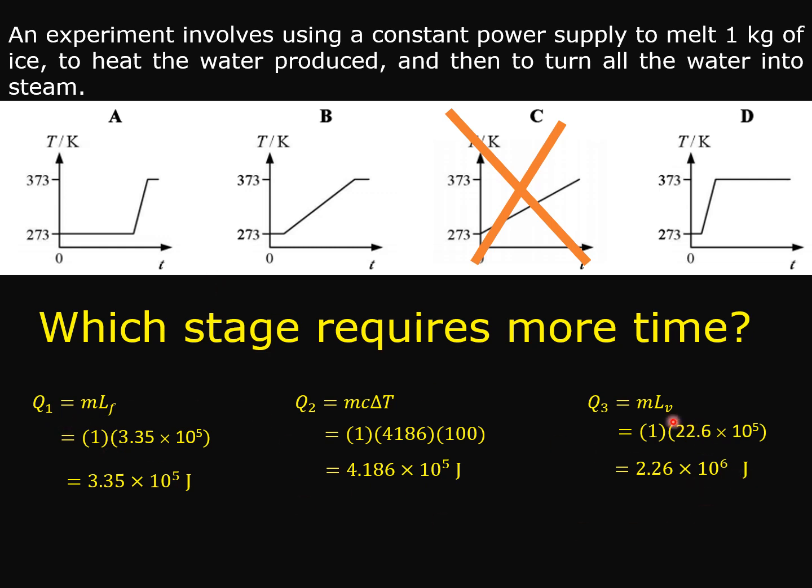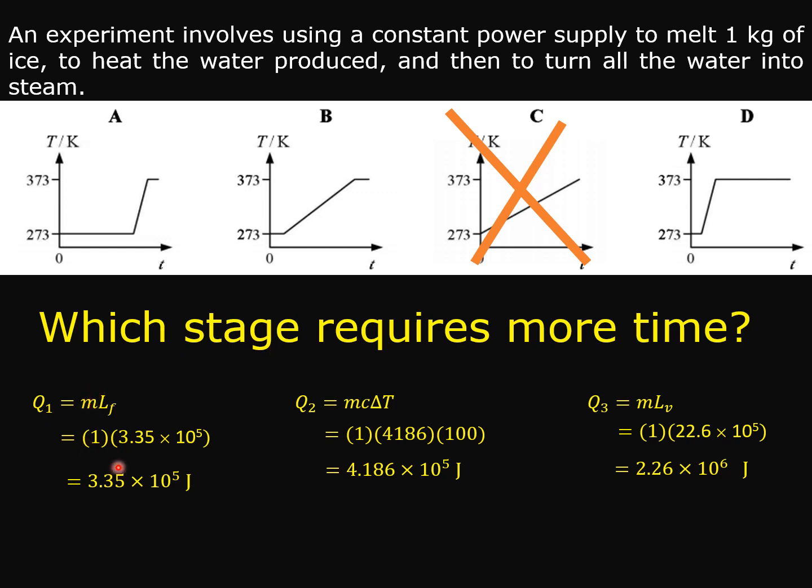So we can calculate the total amount of heat that needs to be provided by this power supply to the system for these 3 stages. Firstly, for the ice to transform into water, this involves the process of fusion. The total amount of heat needed is Q1 equals m L_F, where L_F is the specific latent heat of fusion, which takes the value 3.35 times 10 to the power 5.